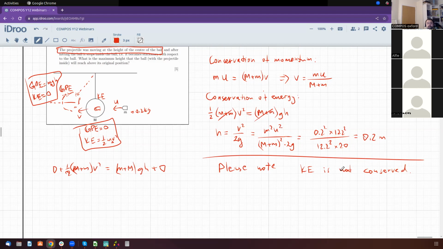Can somebody tell me the reason why it is not conserved? Or how do you know that the kinetic energy is not conserved without doing any calculations? It is an inelastic collision, but what does that mean in terms of energy?